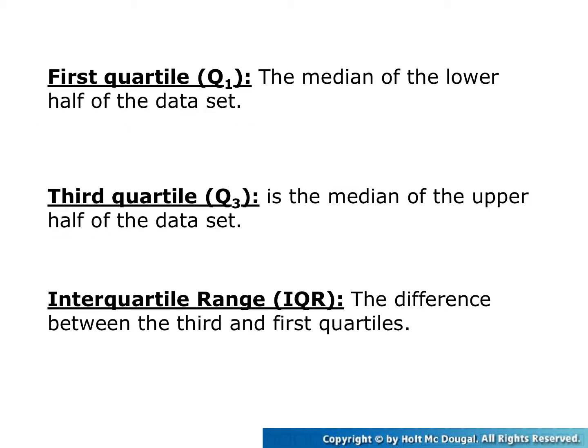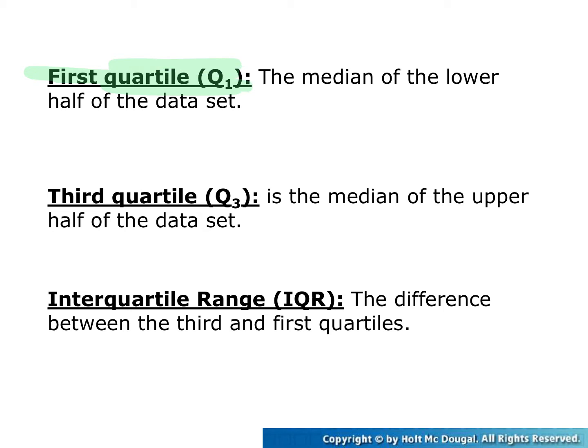Now let's talk about this because this is some stuff that you're going to have to use today. We talked about it yesterday, so it is a nice little refresher. The first one is your first quartile, your Q1. It is the median of the lower half.